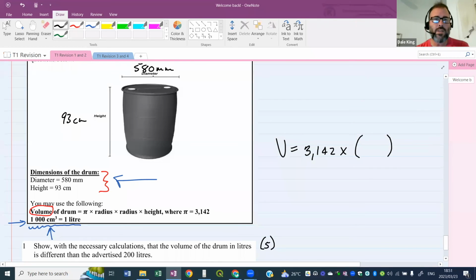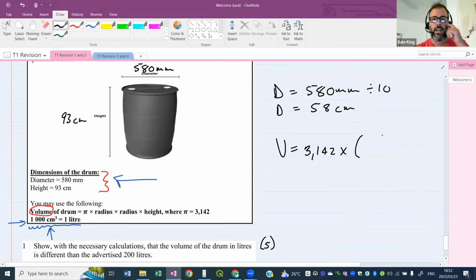Now, radius comes from diameter. So I've got to take my diameter. In fact, before all this, let's change this diameter. I'm going to divide it by 10 to get centimeters. So we've got to work with 58 centimeters.